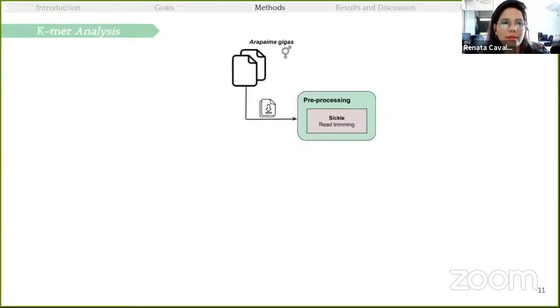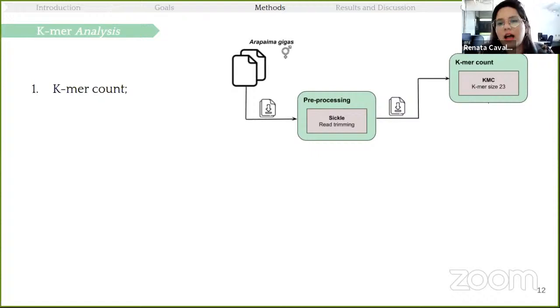So this is our pipeline, and we had as input 6 samples of Arapaima gigas, 3 males and 3 females. In the pre-processing step, we used Cutadapt to trim the reads, and the first step of the K-mer analysis was to count the K-mers.